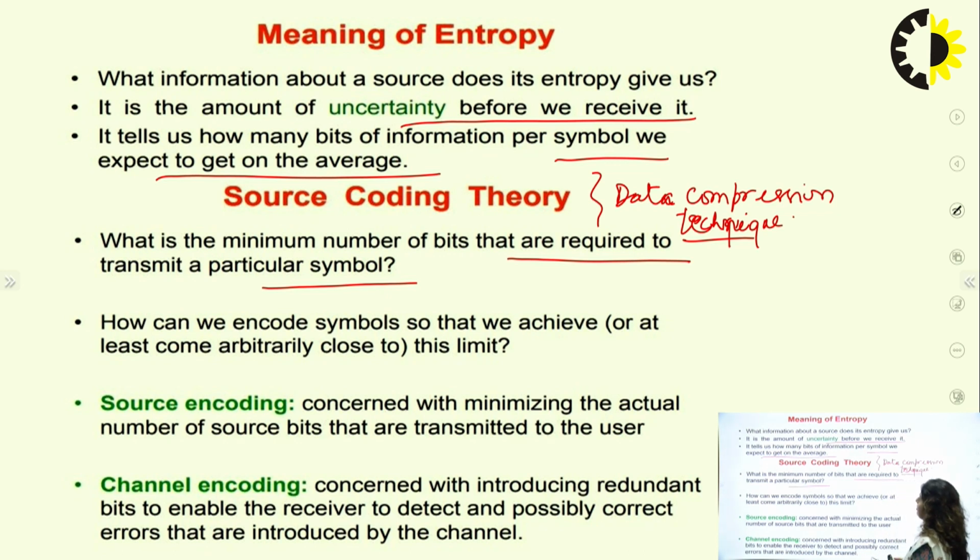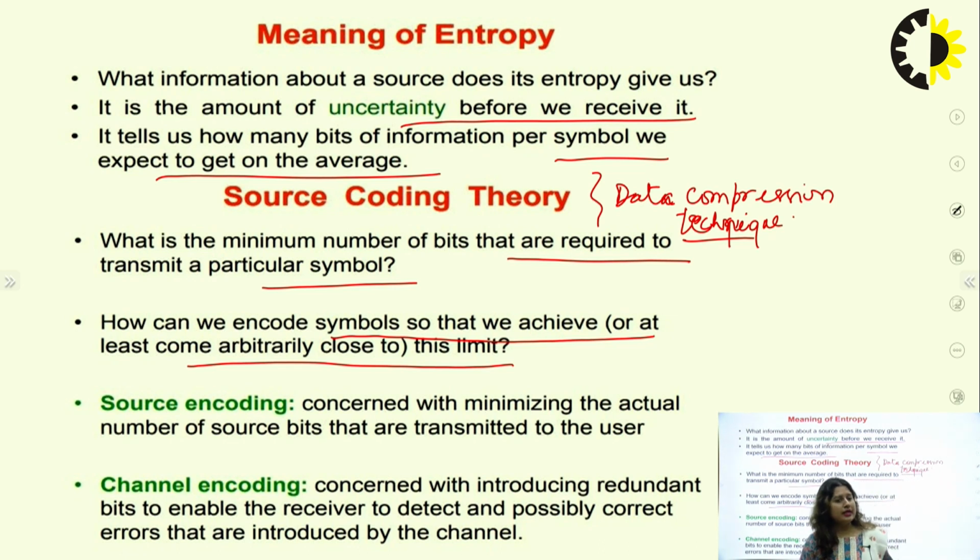So what is the minimum number of bits required to transmit a particular symbol? How can we encode symbols so that we achieve, or at least come arbitrarily close to, this limit? Source encoding is concerned with minimizing the actual number of source bits that are transmitted to the user. How we will reduce these source bits to a lesser number of bits, we will see later on.